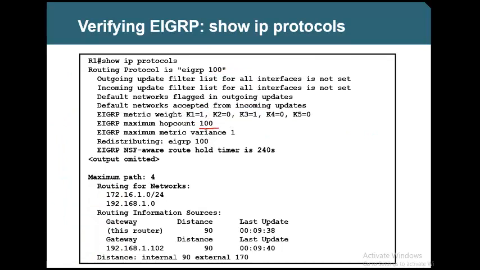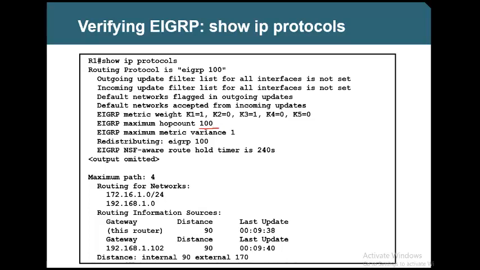Maximum hop. Yes. EIGRP is not a distance vector protocol, but still, there's a limitation. EIGRP will be effective only if you have less than 100 hops in your environment because it cannot tolerate more routers, more networks.